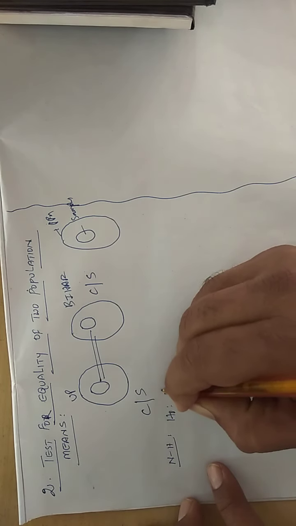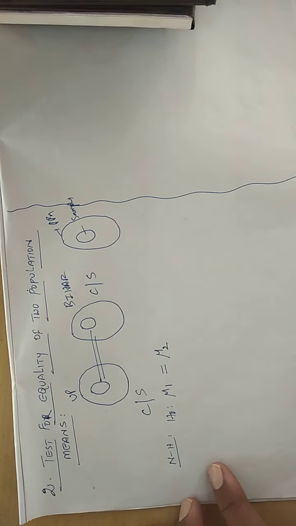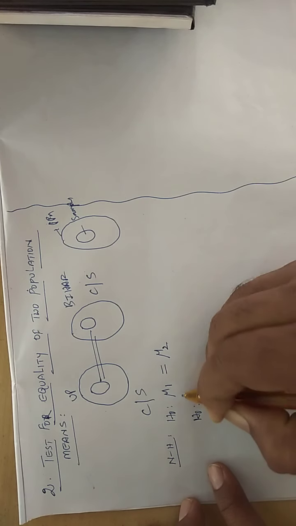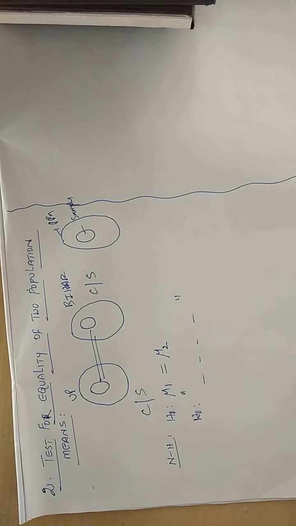Whether these two are equal or not, we need to test. That is, the two population means are equal. That is going to be the verbal statement.